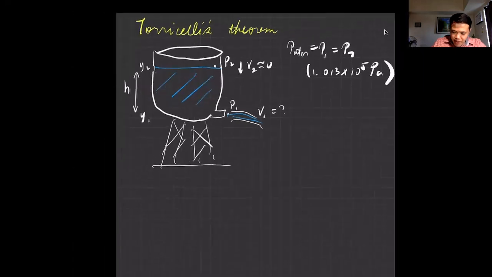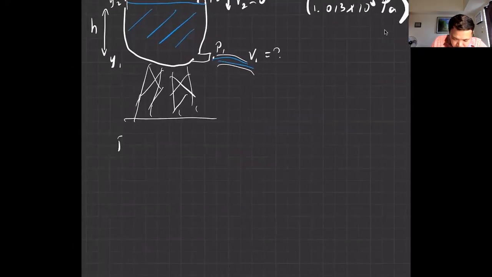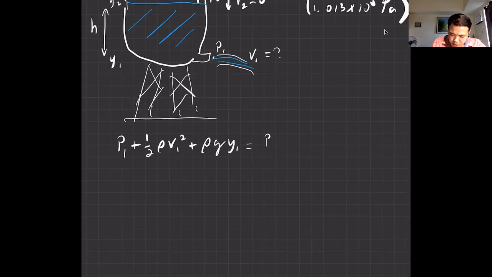Okay, so let's apply Bernoulli's equation. We have P1 plus 1/2 rho V1 squared plus rho g y1 equals P2 plus 1/2 rho V2 squared plus rho g y2.